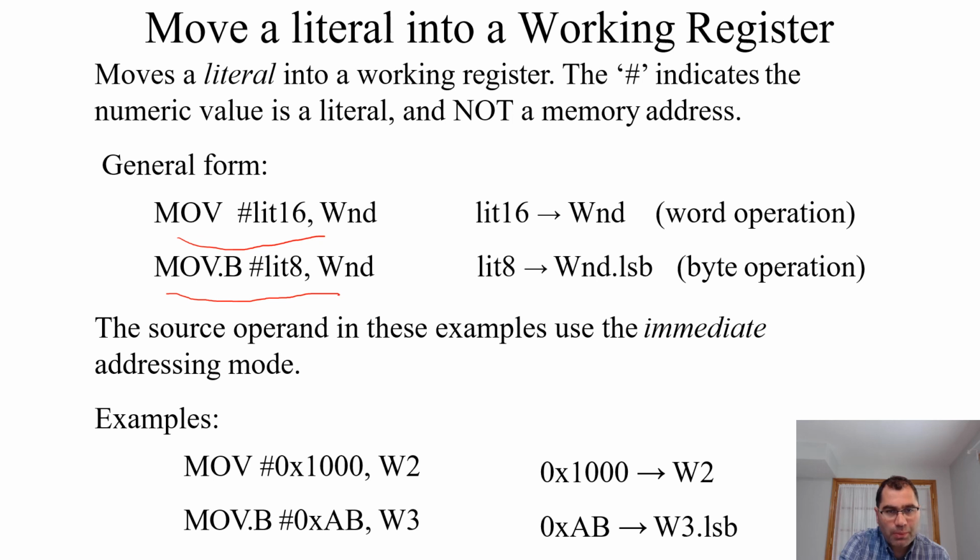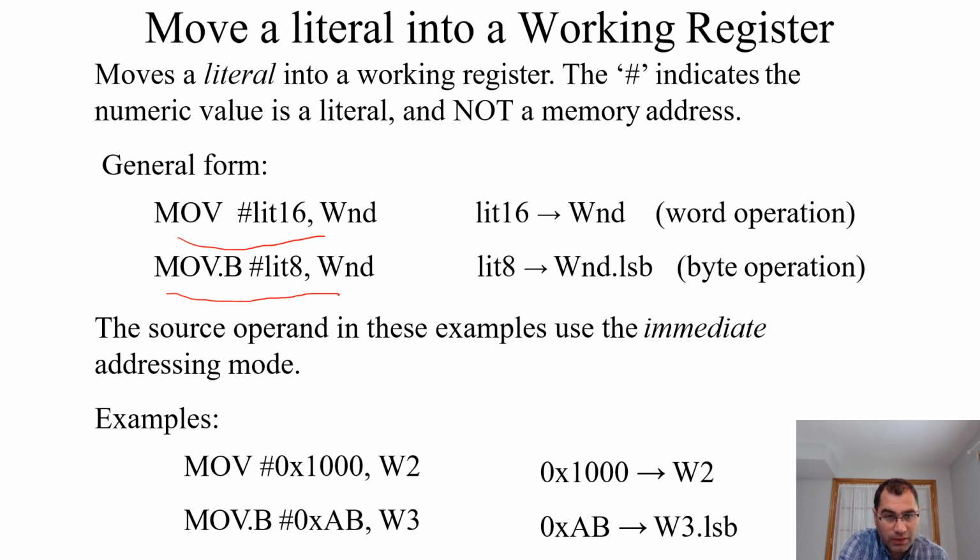The source operand in this example is immediate address mode. Okay, so again, examples, move 1000. Again, this is not an address location.